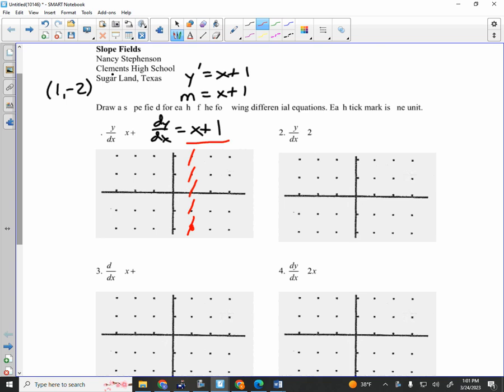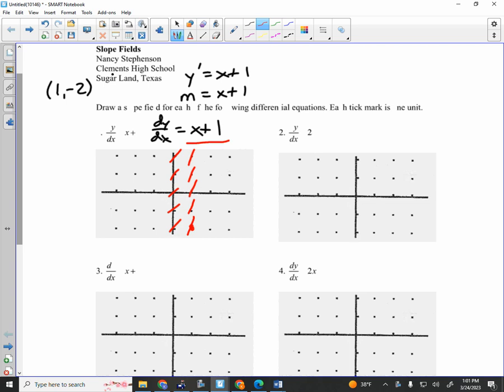What are all of the x values here? All the x values are 0, so the slope will be 1, because you take 0 plus 1 and you get 1. So we're going to draw slopes of 1 through here. What are the x values here? Negative 1.